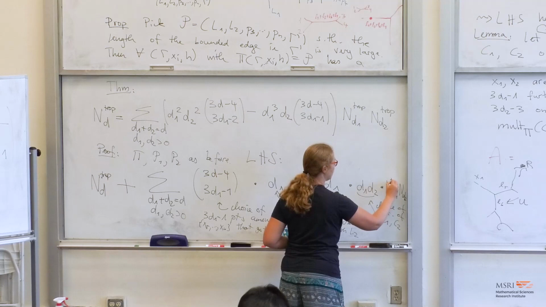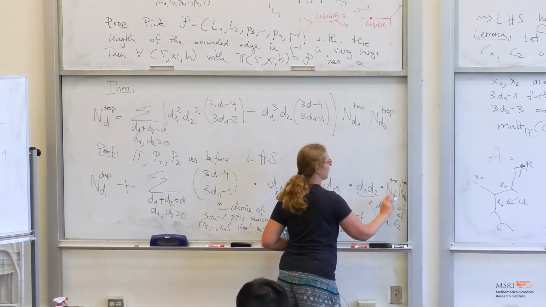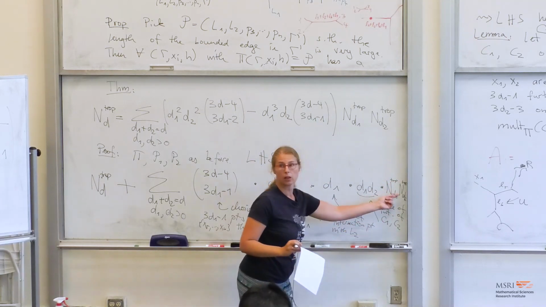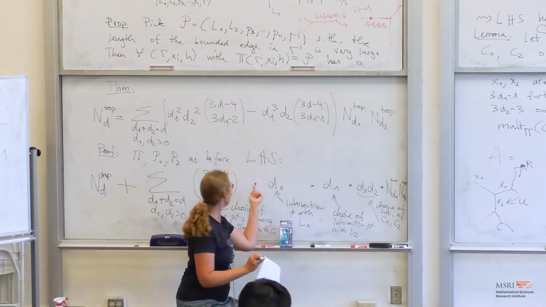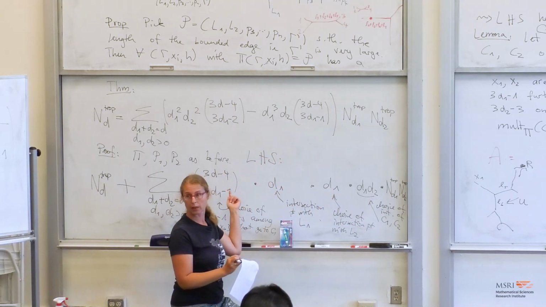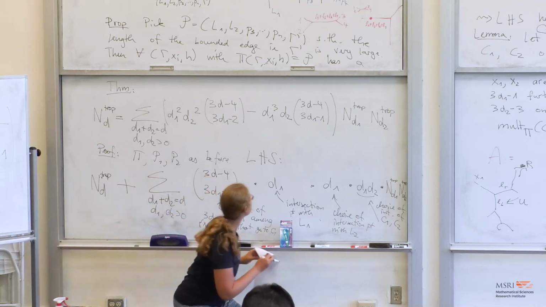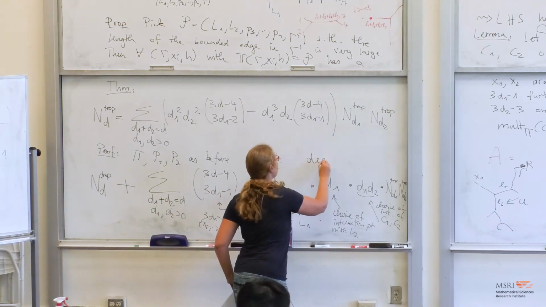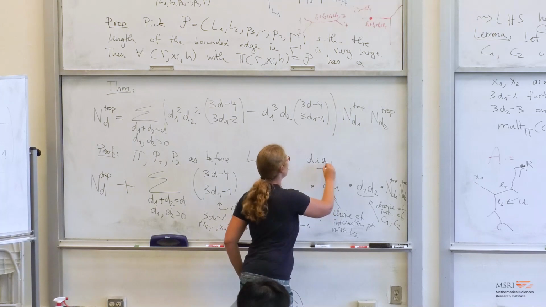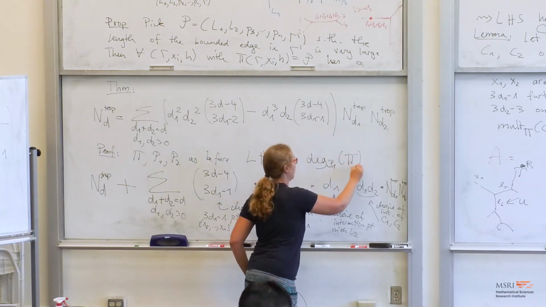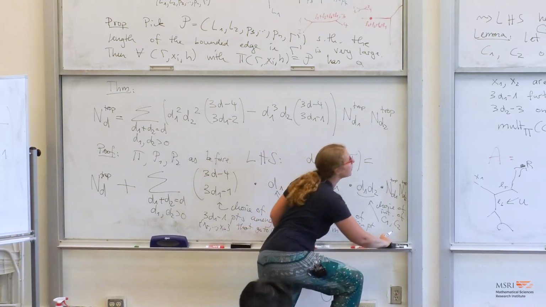For each choice of 2 curves in here, enhancing them in this way, I produce precisely 1 guy in the pre-image. So this is the degree at P1 of pi. And that's one side of the equation.